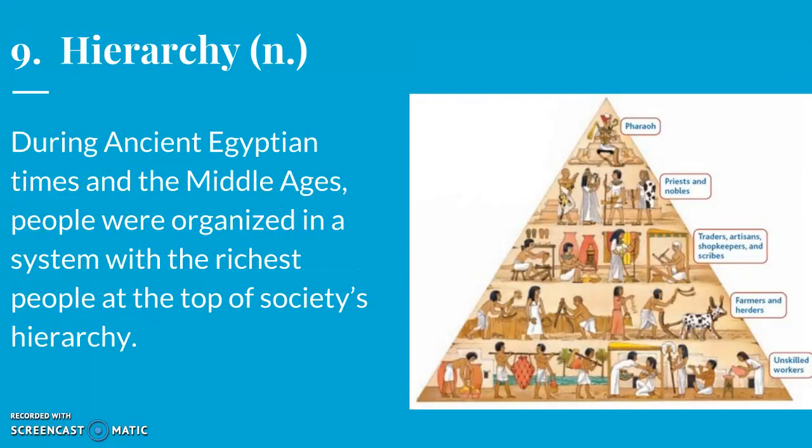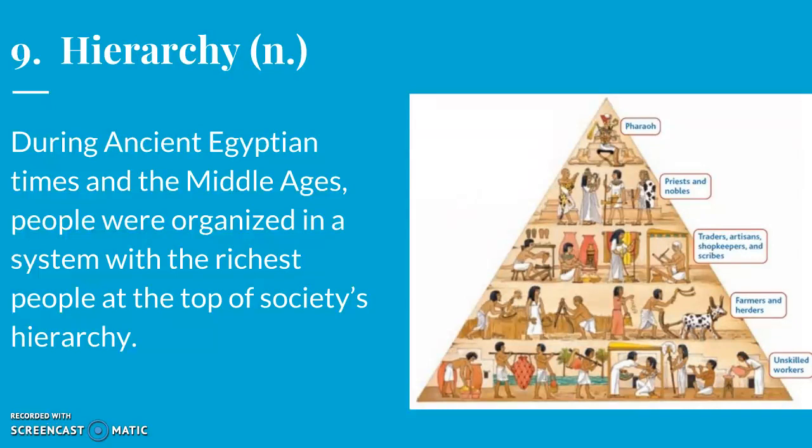Number 9 is hierarchy, which is a noun. The definition for hierarchy is a system with ranked groups, usually according to social, economic, or professional class. So you guys can see in the picture, we have a pyramid that shows the hierarchy of classes in ancient Egypt.